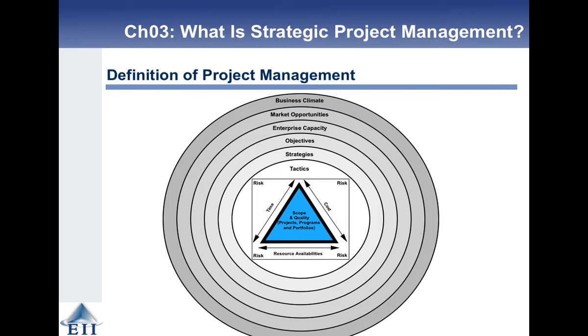What can our enterprise do, and how do we make best use of the capacity of the enterprise? Our project is probably trying to address market opportunities, so that's the next ring of the onion, and then the overall business climate is within which everything else operates.